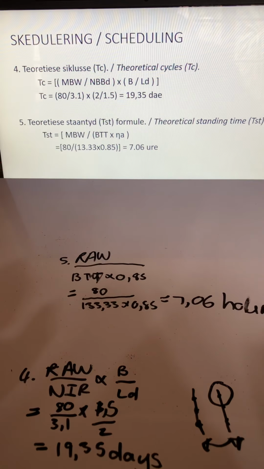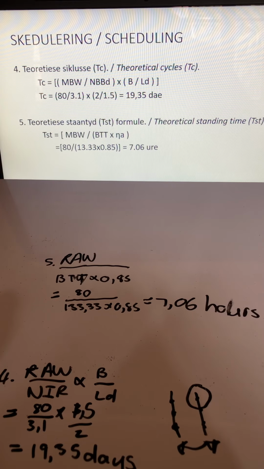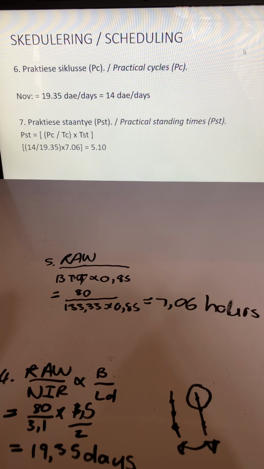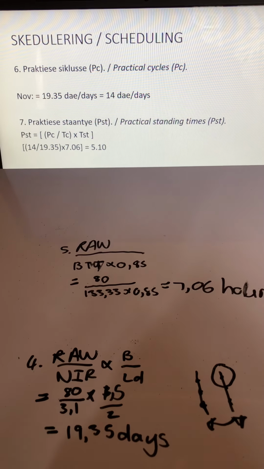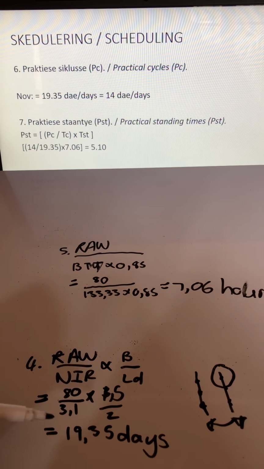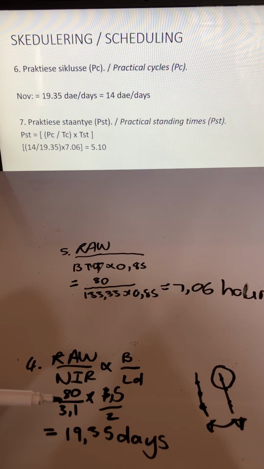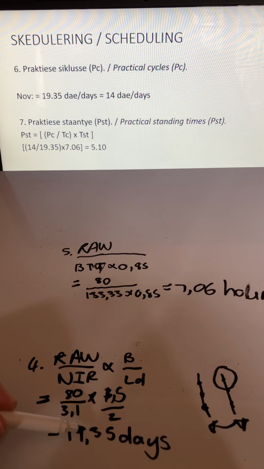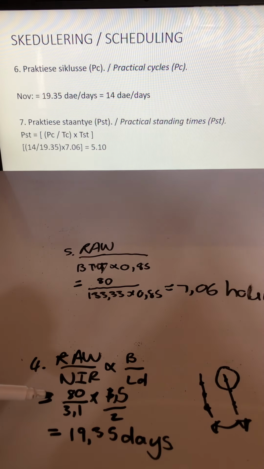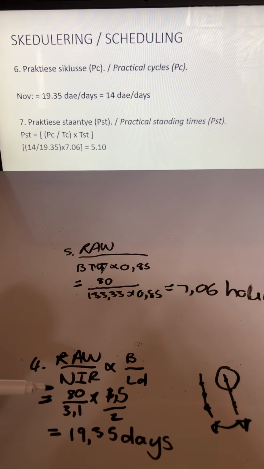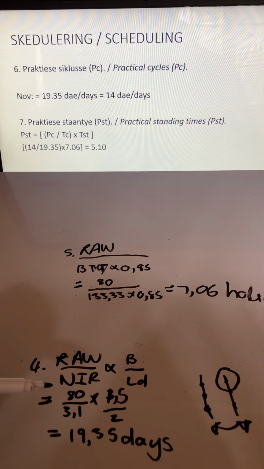Okay, so now that you've calculated that, you only have this two to calculate. So from number 4, where it says the theoretical cycle was 19.35 days, mostly you'll see that farmers divide their irrigation up into cycles of 7 days. So it will either fall in 7 days, 14 days, 21 days, or 28 days.